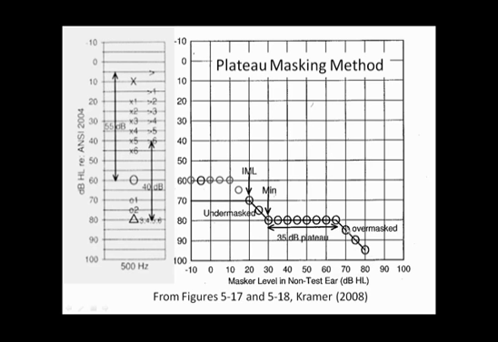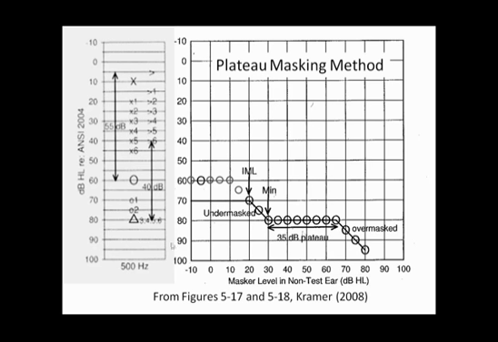So what's happening here? Why do we have this occur? Well, the reason is that the level of the noise is so high that it is crossing over in the opposite direction from the non-test ear. The noise is now being detected by the test ear. So this part of the function, this diagonal right here, and this diagonal right here represents that the noise and the test tone are both detected in the same ear.